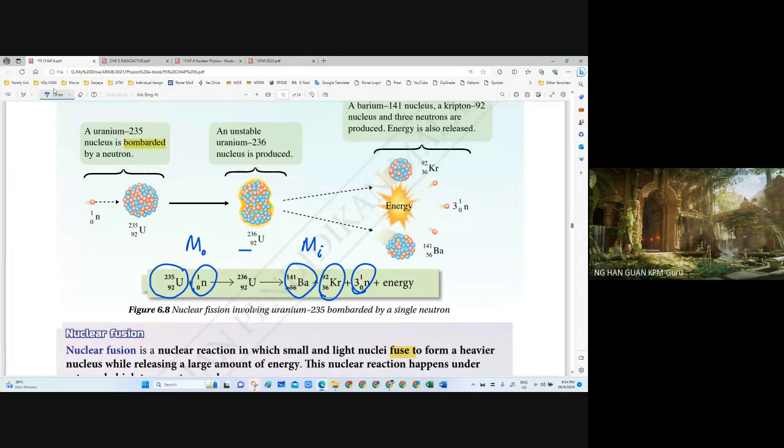This mass defect is turned into energy with the formula E equals mc squared. M is the mass defect, which is the original mass minus the mass after the process. This is the m that we substitute in the formula, then multiply with c squared. So this is our energy. E equals mc squared is the famous formula that we have.